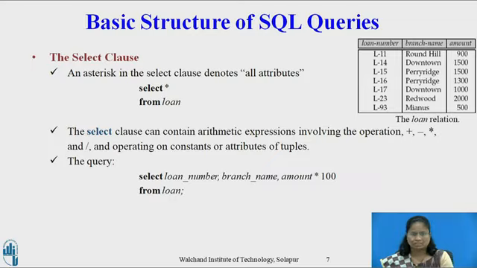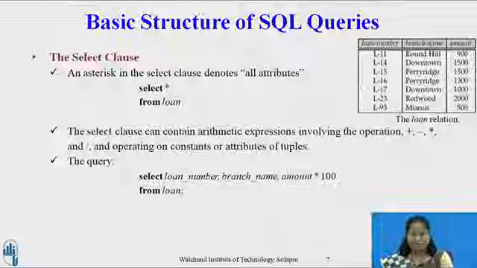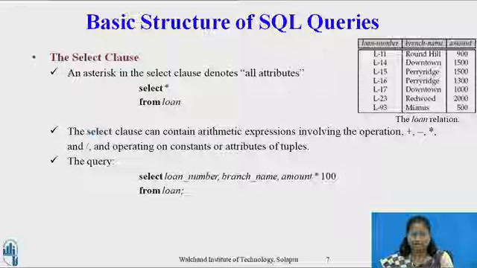The asterisk symbol, star, can be used to denote all attributes. A select clause of the form select star indicates that all the attributes of all relations appearing in the from clause are selected. SQL command: select star from loan. The select clause can contain arithmetic expressions involving the operations plus, minus, multiplication and division, operating on constants or attributes of tuples.